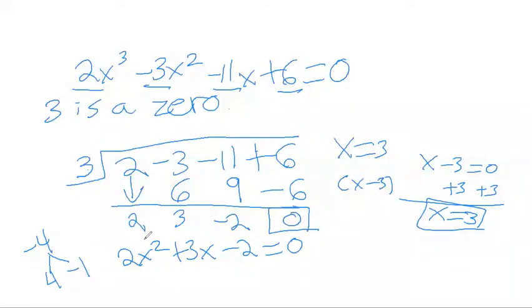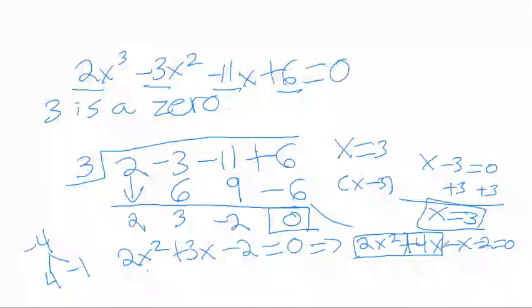Well, let's see. I could have 4 and -1. Well, does that work? 4 times -1 is -4. 4 minus 1 is 3. So it does work. So now I'm going to rewrite it over here. 2x squared plus 4x, sorry about that, plus 4x minus x minus 2 equals 0.